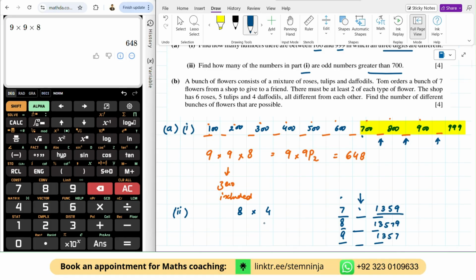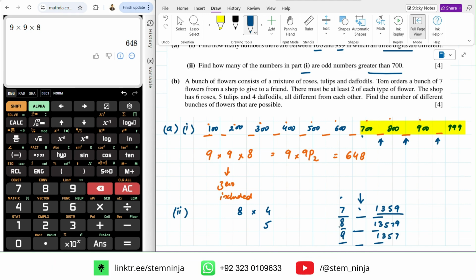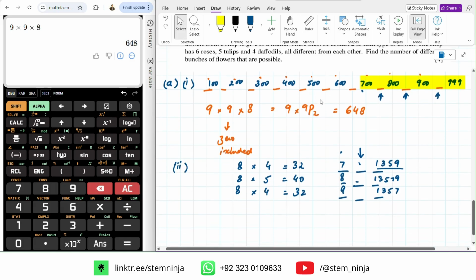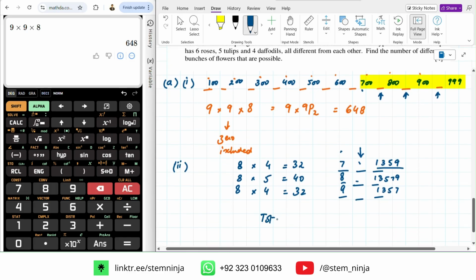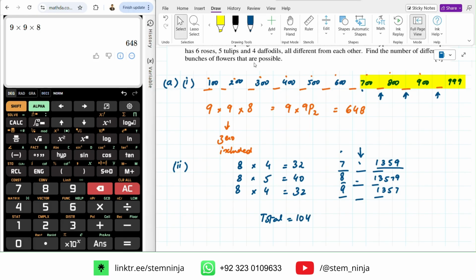Similarly, for this one, you have 5 choices for the odd number at the end and 8 remaining in between. Same thing, 4 and 8. So 32, 40, 32. So 40 plus 64, that is 104.